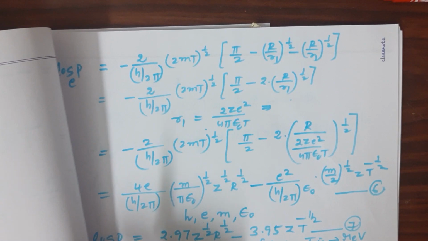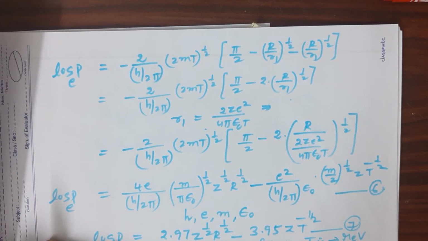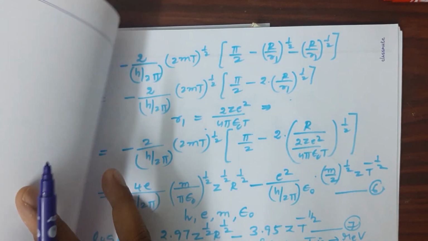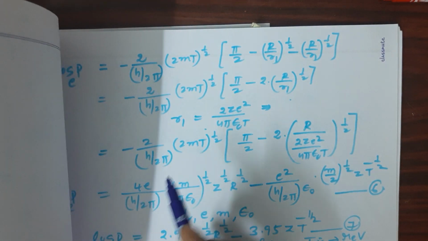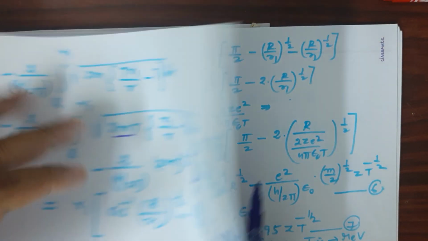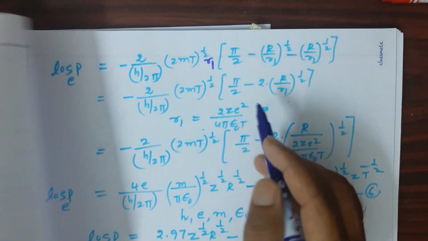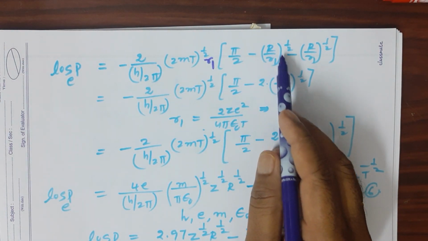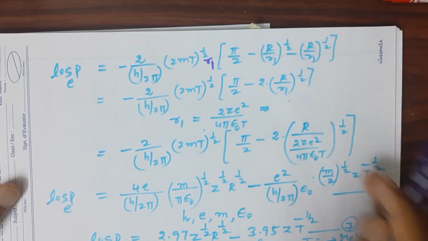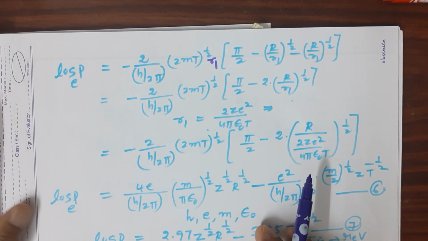So substituting that value, log p base e equals minus 2 by h by 2 pi, 2mt to the power half into r1 into (pi by 2 minus the square root of R by r1, minus the square root of R by r1).